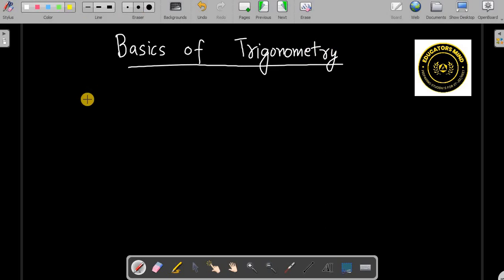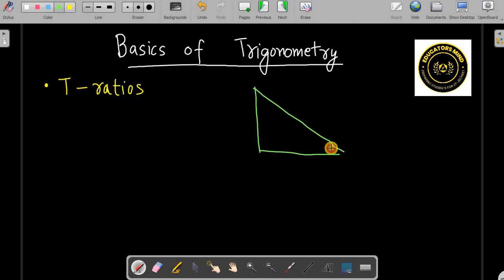So let's start. The first thing we are going to discuss is trigonometric ratios, or T ratios. What are trigonometric ratios? We can make a right triangle. Let us say this is a right triangle, and this angle is theta.